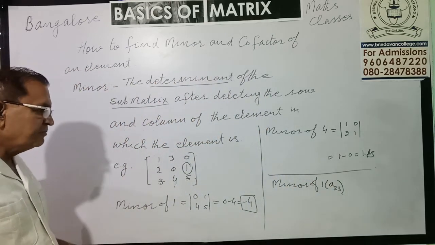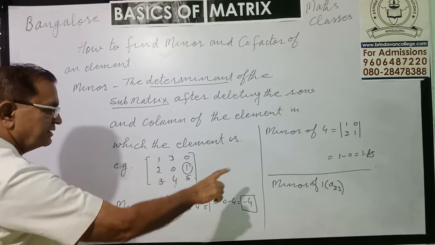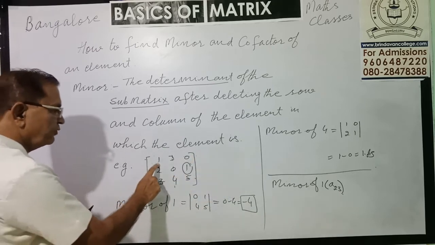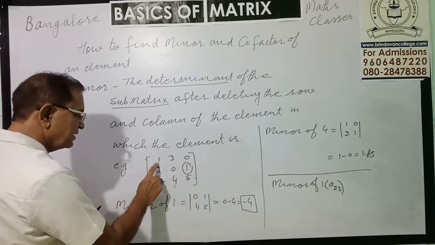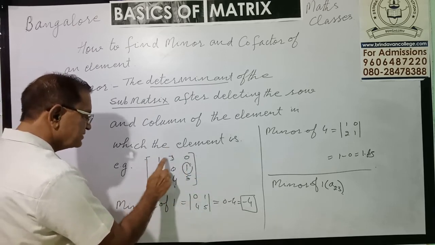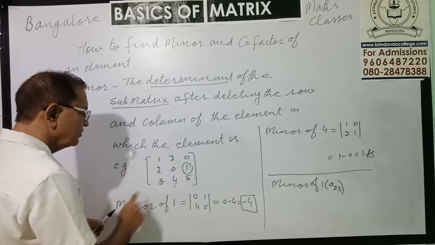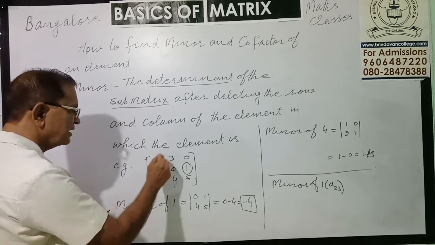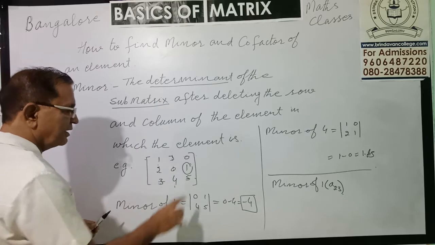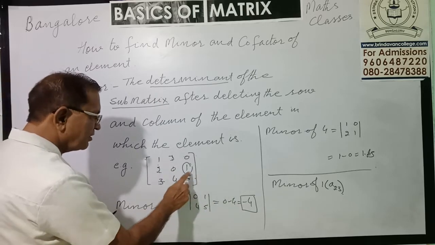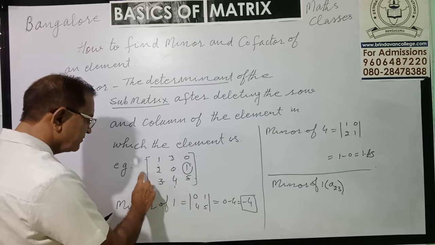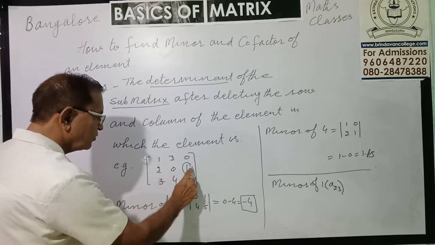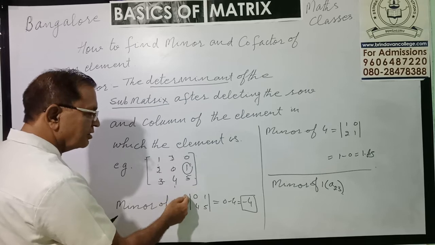See this carefully. I am going to find the minor of 1. There are 2, 1. If you want to find the minor of this 1 in the first row and first column, with this 1 you will write A1. I am finding the minor of this one. This is there in the second row and third column.